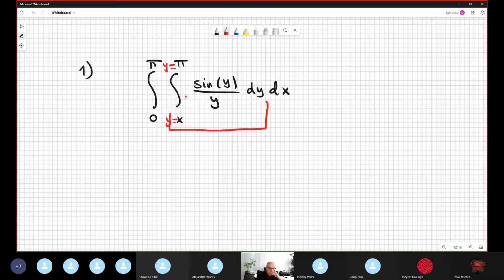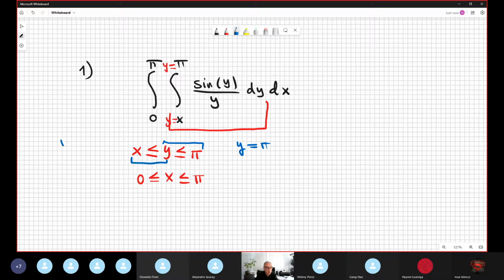So you set out an inequality: y varies from x to pi, and x varies from 0 to pi. Remember, you take the equation y equals pi, and the equation y equals x, and you sketch these curves.